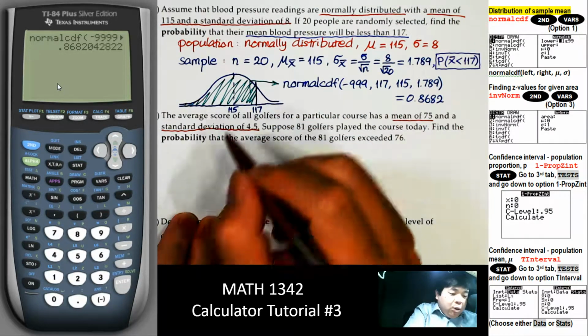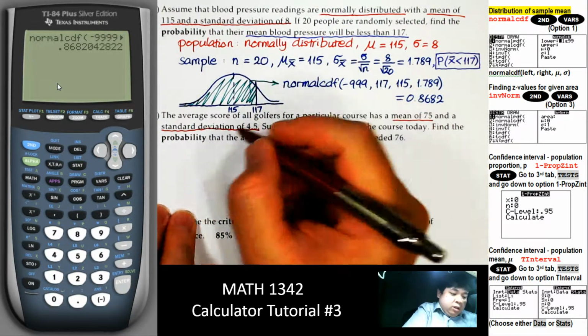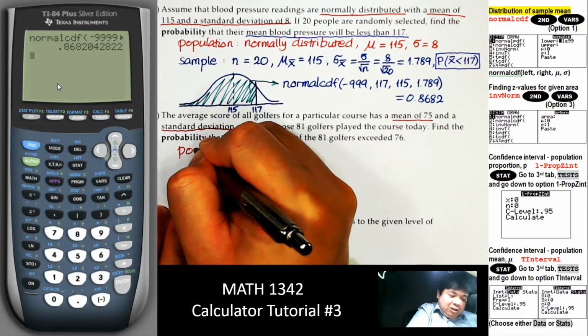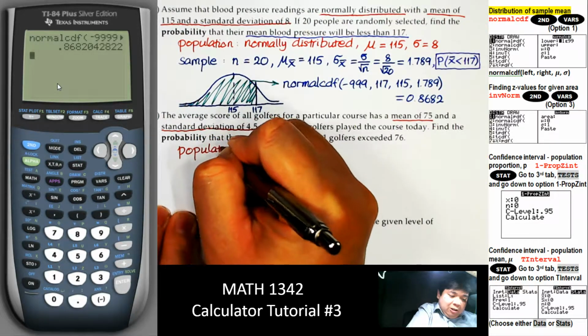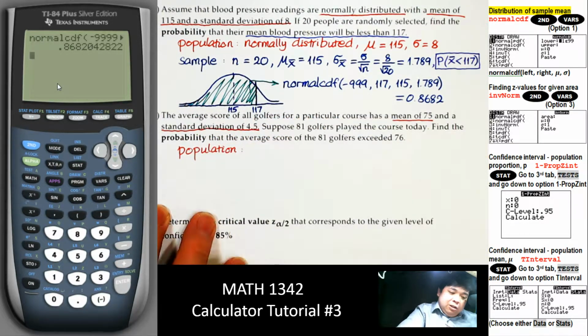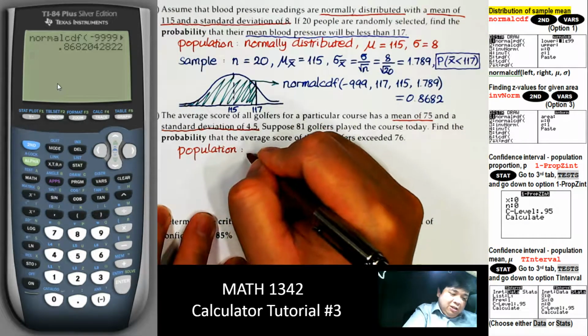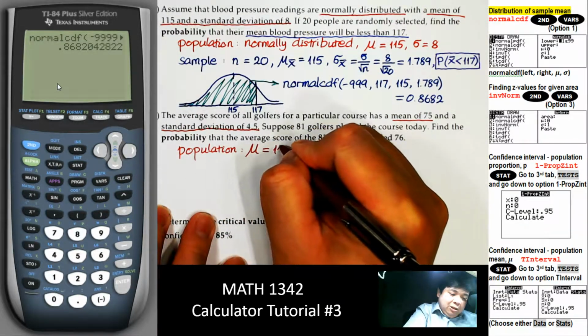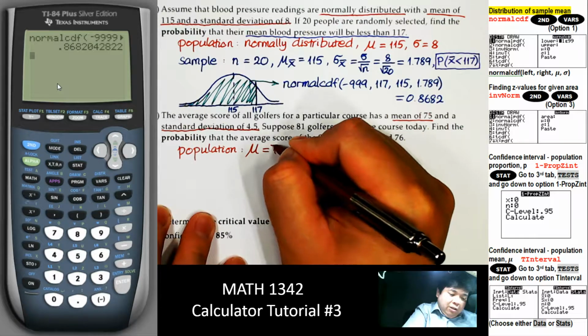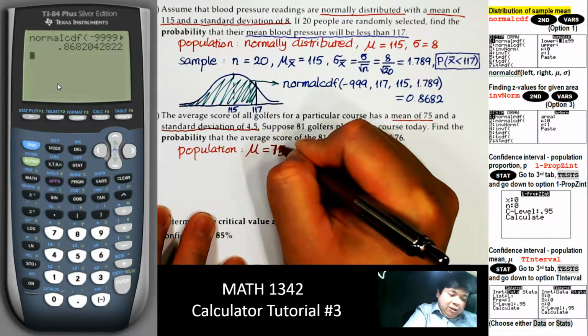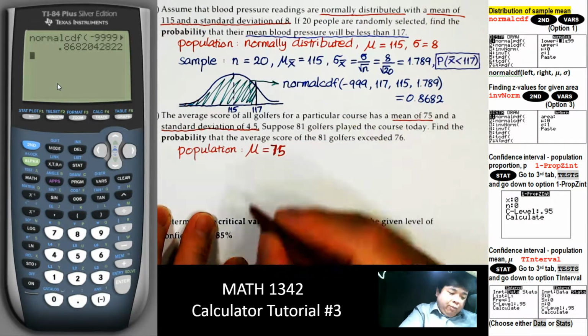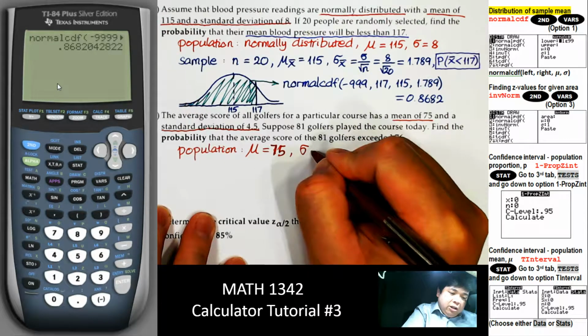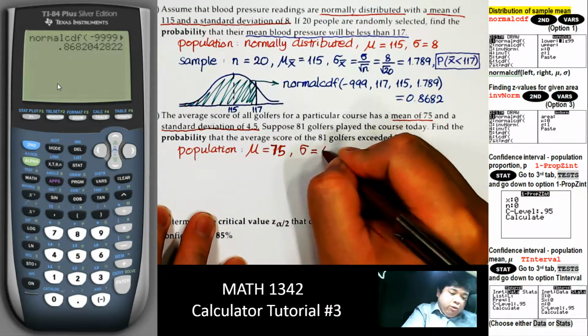This time notice that we do not see the normally distributed. So 75 and the standard deviation of 4.5.